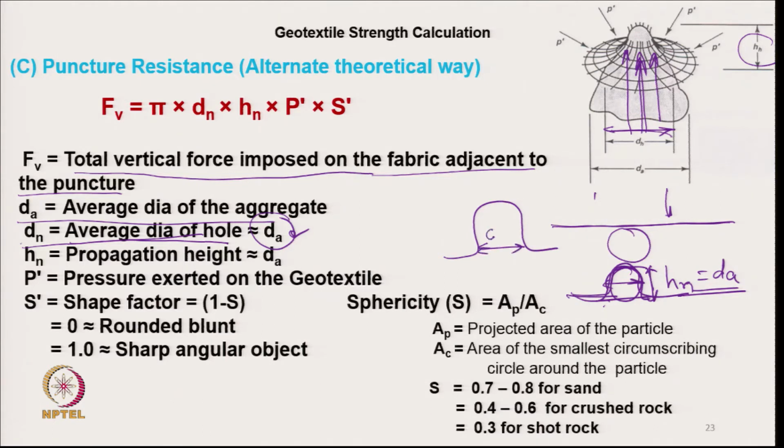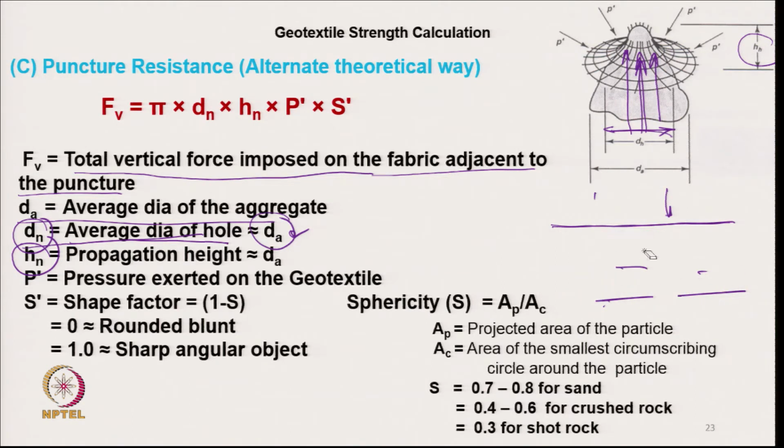If I draw here, this is the hole diameter, which will be equal to dA. So, dn is equal to dA and hn is again equal to dA. The hole diameter is equal to the diameter of the stone, and the propagation height is again equal to the diameter of the stone, because the propagation and the penetration are basically due to the stone.